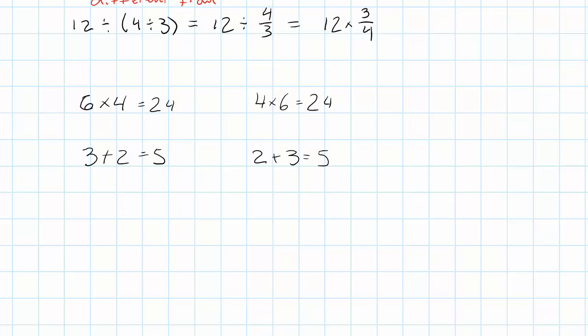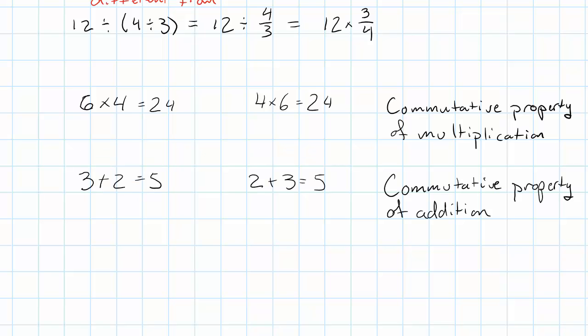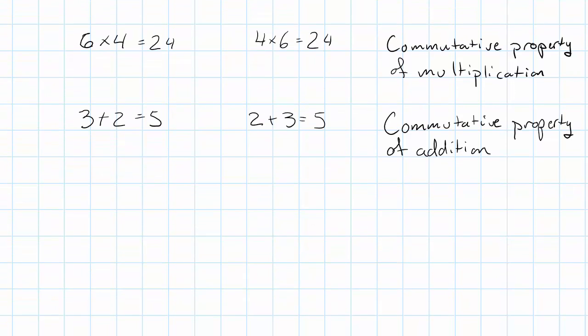This is called the commutative property. In particular, this first one is the commutative property of multiplication, and the second one is the commutative property of addition.